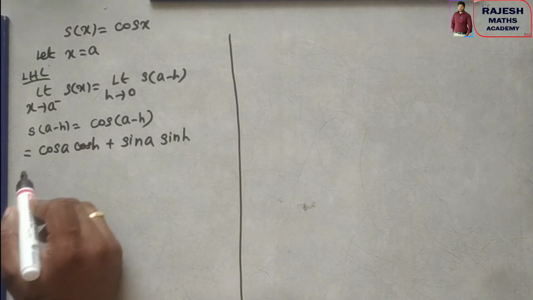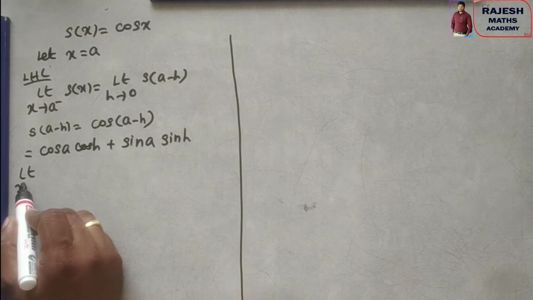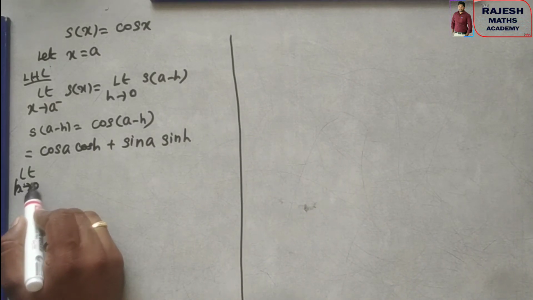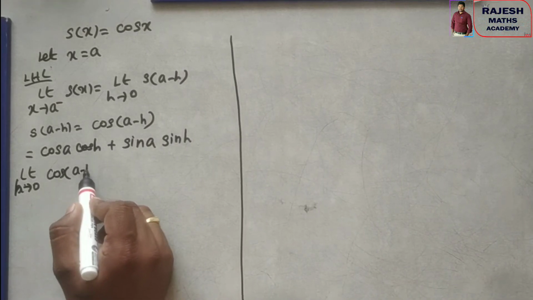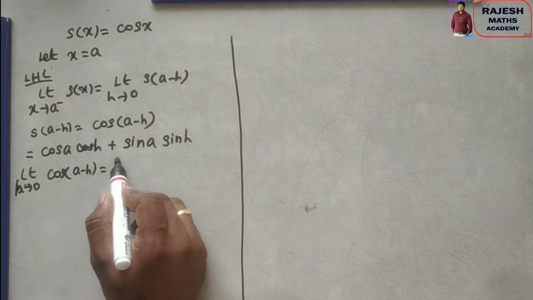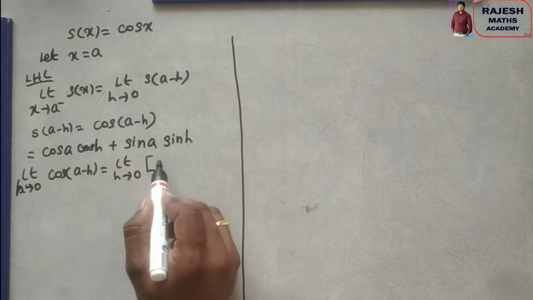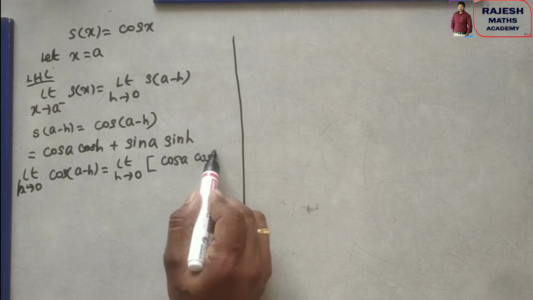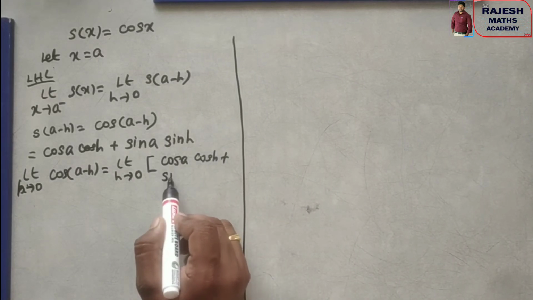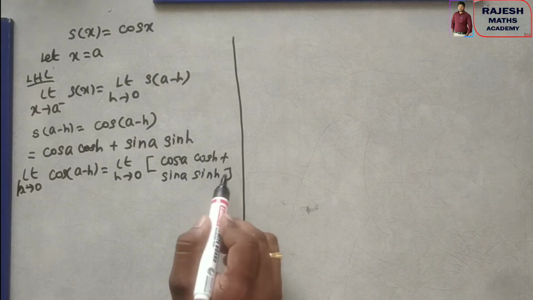Now apply the limit h tends to 0. Limit h tends to 0 of cos of a minus h equals limit h tends to 0 of cos a cos h plus sin a into sin h.